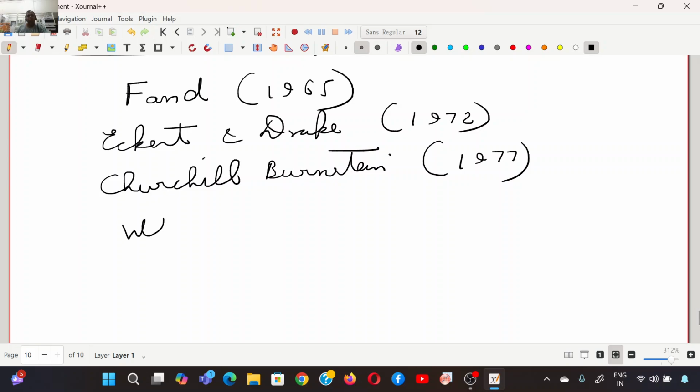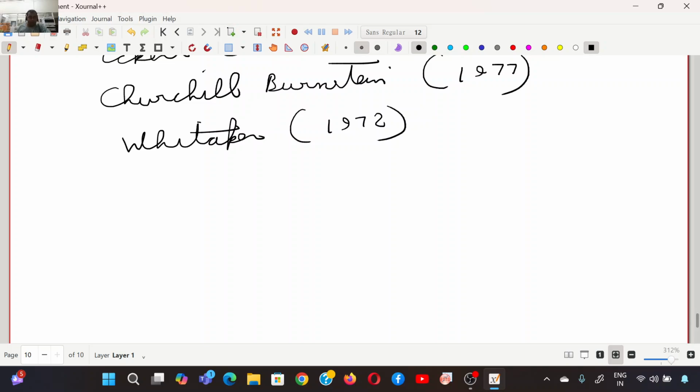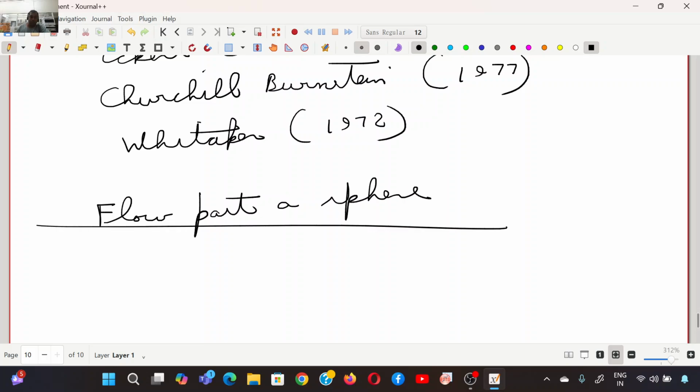Whitaker, 1972. Likewise for flow past a sphere, you have Kramers, 1946. Whitaker, 1972.